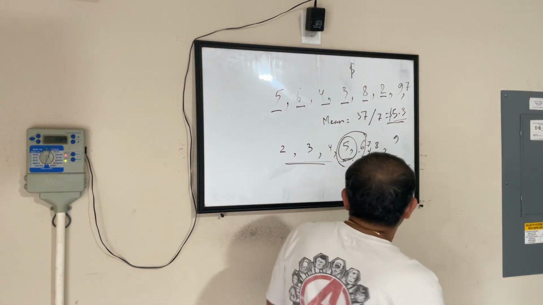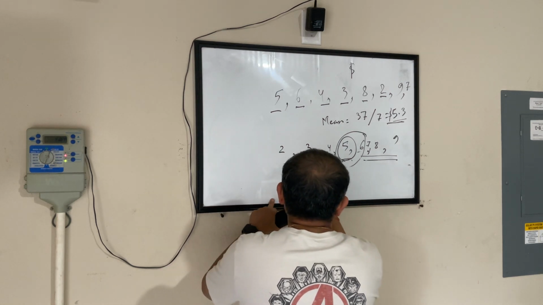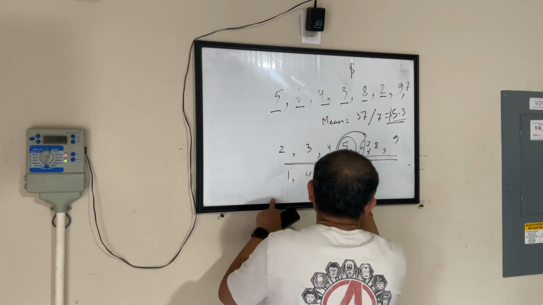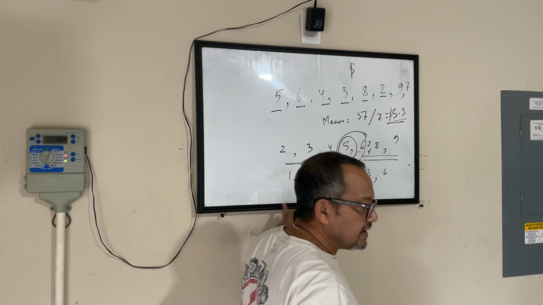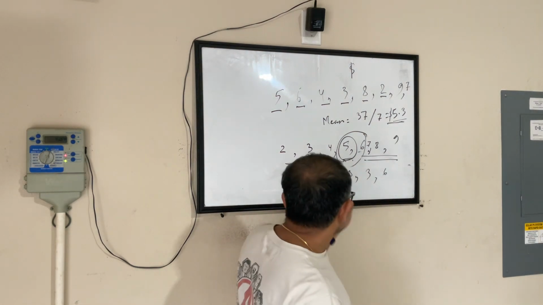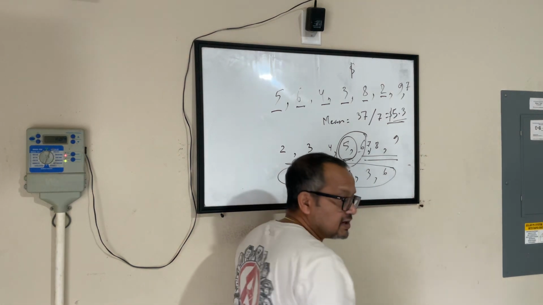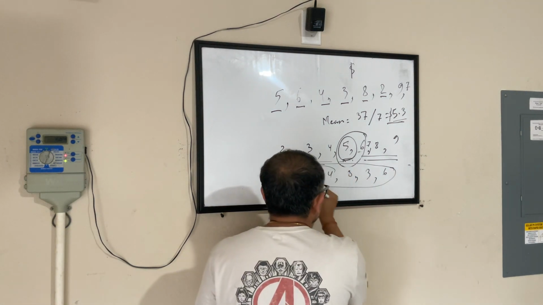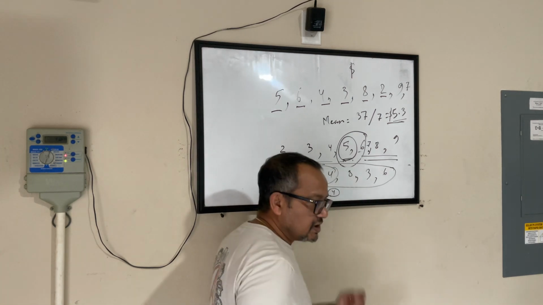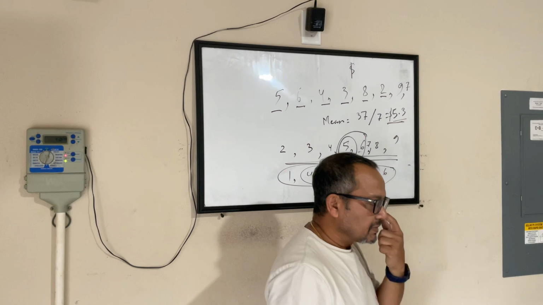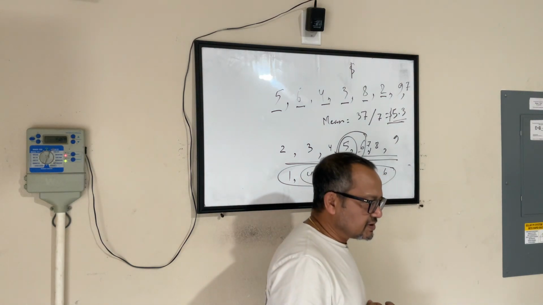So here, this is another thing, okay? Let's say if I had something like 1, 4, 4, 8, 3, 6, okay? If you look at this set of numbers, which number is occurring the most? This one. So this turns out to be the mode. Now you will say, why even bother with this?